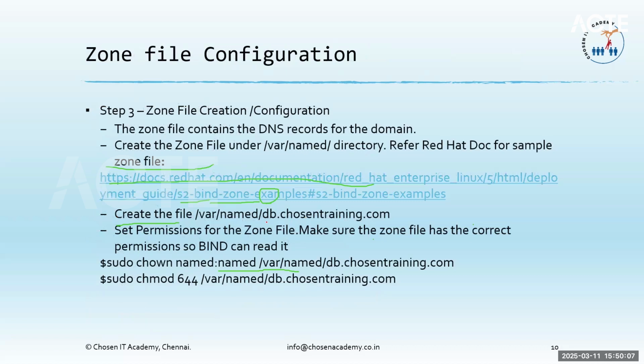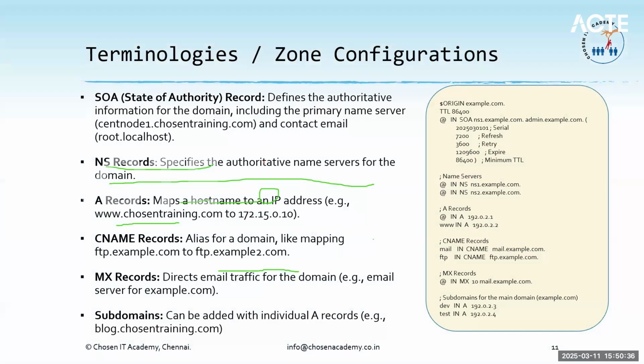The location where we have to create this file is /var/named/db.chosentraining.com, and then set permissions for the zone file. We will have to tell that the named user should be able to access this file, so we give read and write permission for the named user. That's about the zone configuration file.